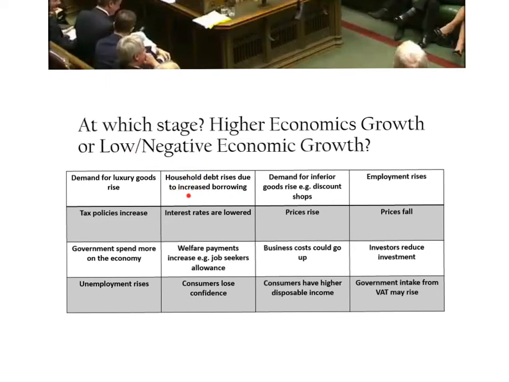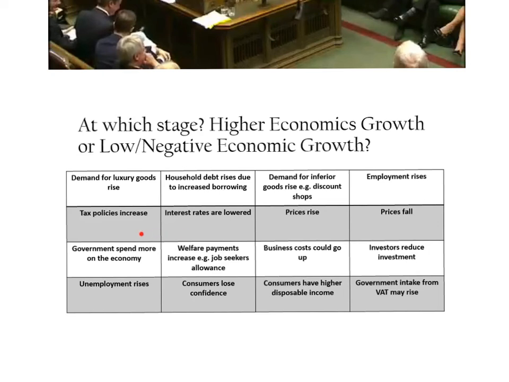And the reason for that is some people might struggle to support themselves and their families and therefore may have to borrow money. Prices falling, we've already mentioned this earlier, that might happen in negative economic growth due to excess supply and excess resources. Prices rise because again, just the opposite of that would be high economic growth because we're putting pressure on current resources and we might not have the supply to meet demand.